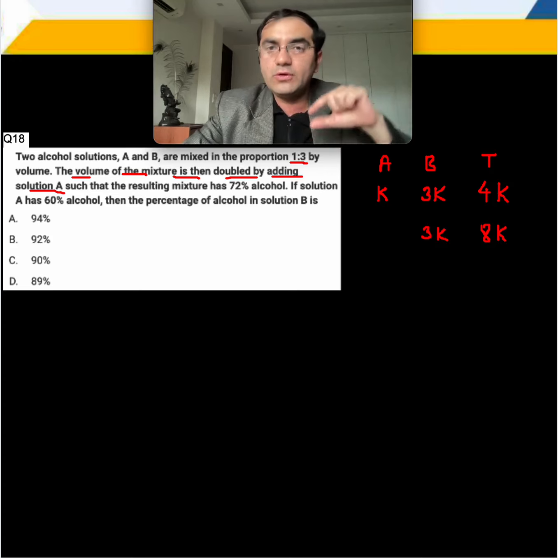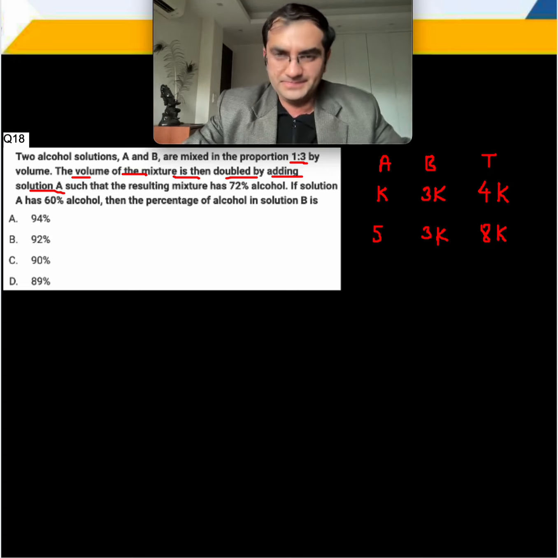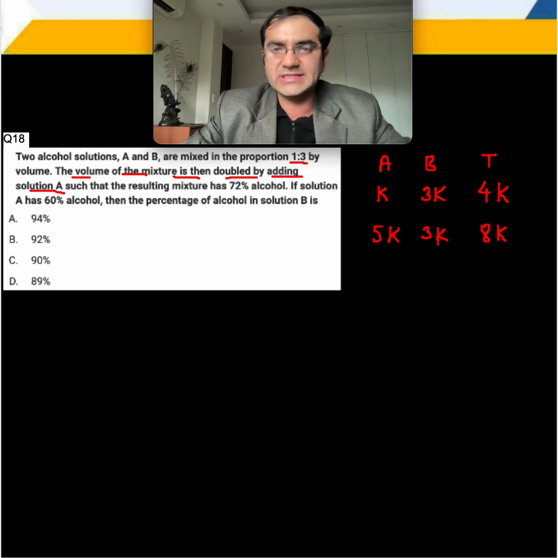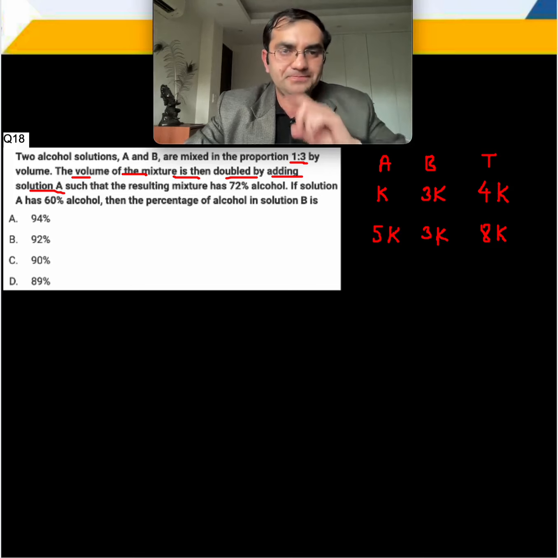Therefore, A becomes 5K. 4K of A has been added, from K to become 5K. So A and B are now mixed in the ratio 5:3.